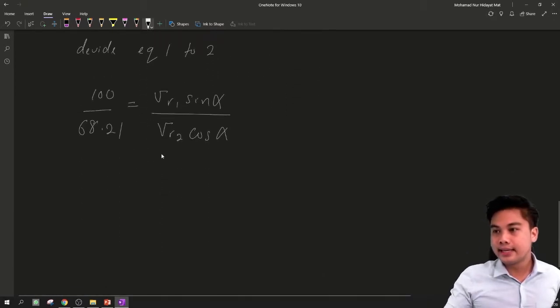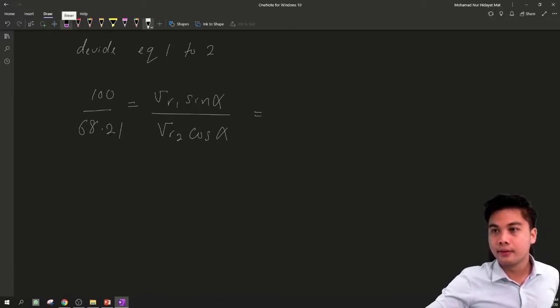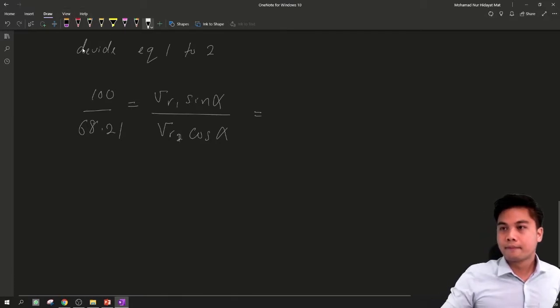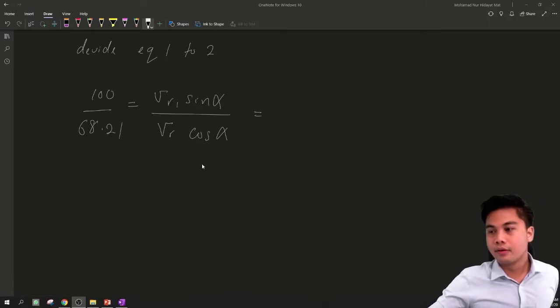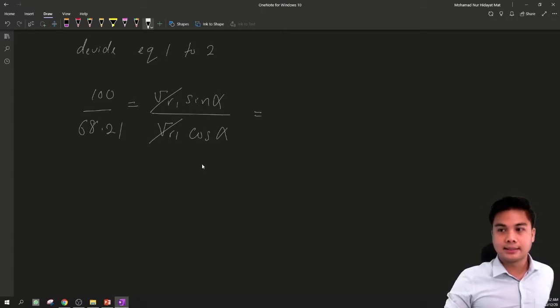VR1 cancels out, leaving sine alpha over cos alpha, which is tangent alpha.